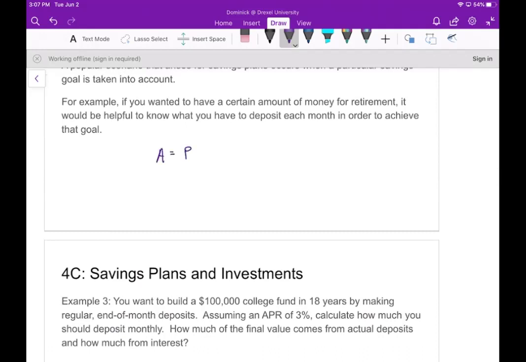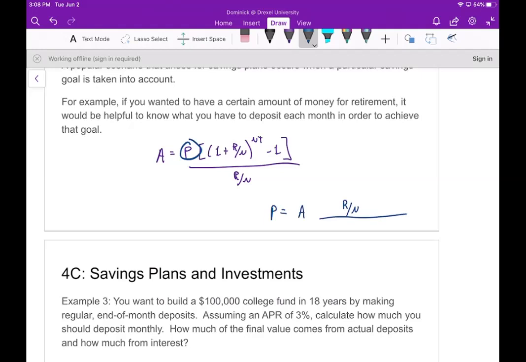We're using A is equal to P times 1 plus R over N to the NT minus 1 over R over N. But if we want P, then we just need to multiply both sides by the reciprocal. So we would get that P is equal to A times R over N, and then we have the original top down here. So we get the 1 plus R over N to the NT minus 1. Right? So that's how you could find out what the monthly payment should be.